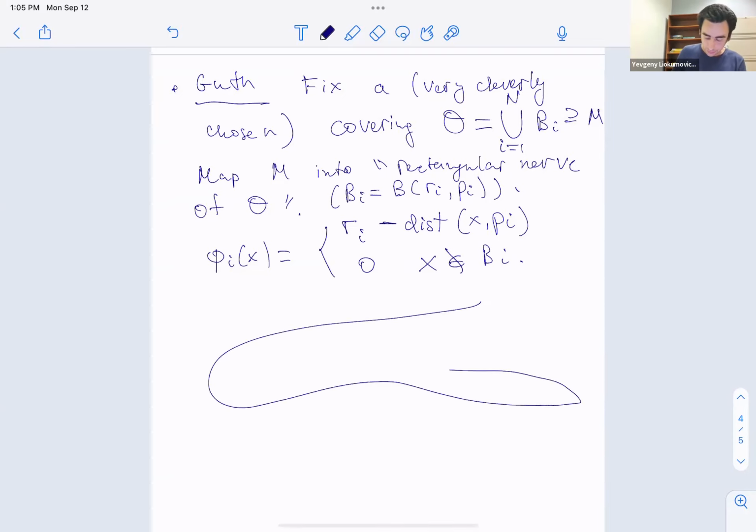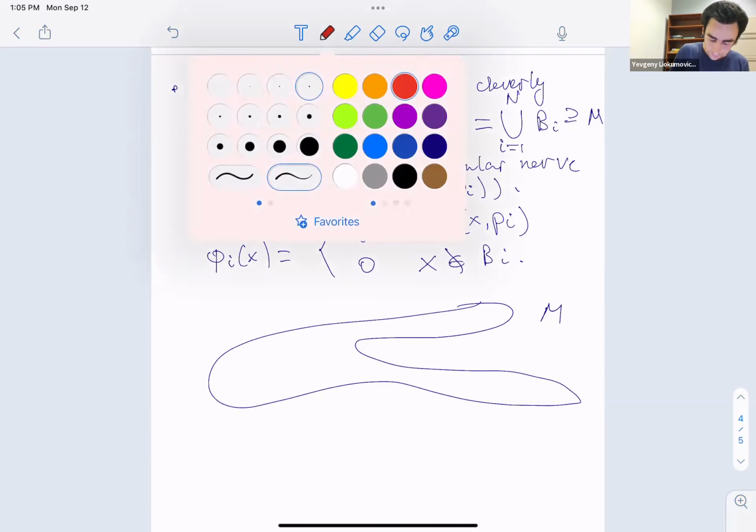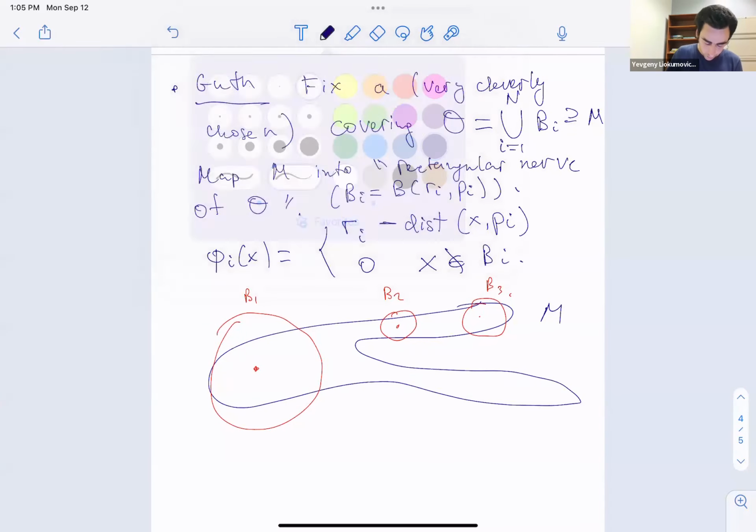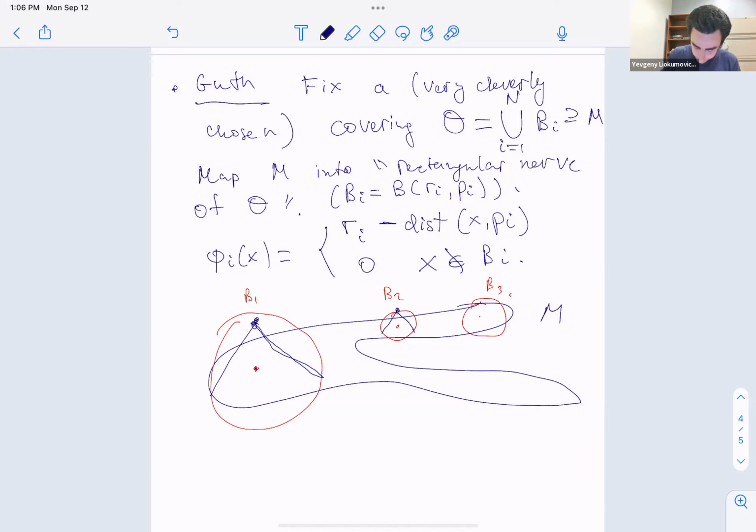So if this is our manifold M, then we consider balls of various radii, B_1, B_2, B_3, and so on, and we define these functions which are equal to the radius when you are at the center and decay to 0 as you move away from the center.